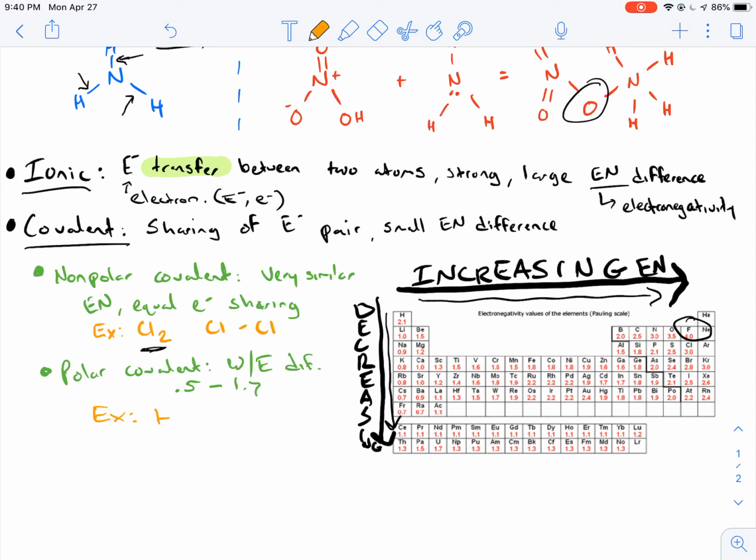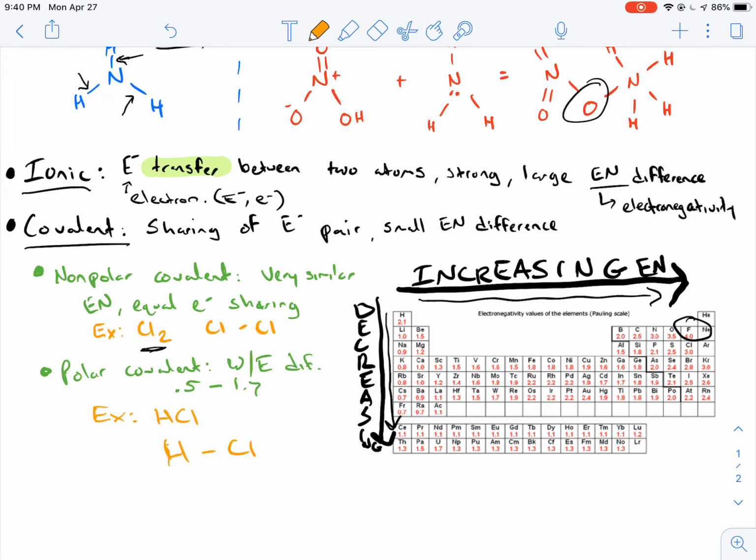Okay, so HCl, and the electronegativity difference is between 0.5 and 1.7. The more electronegative atom will be attracted more strongly, and the one that's more electronegative will gain a partial negative charge. So let's look right here.